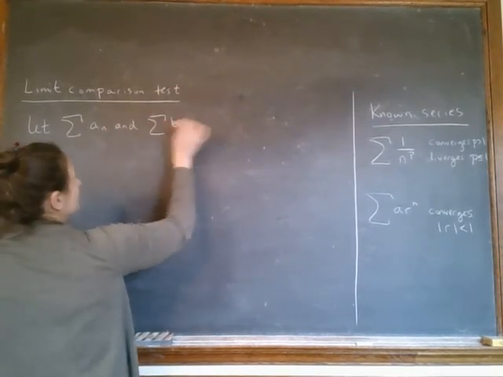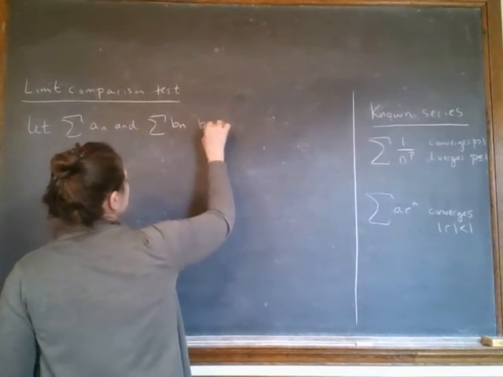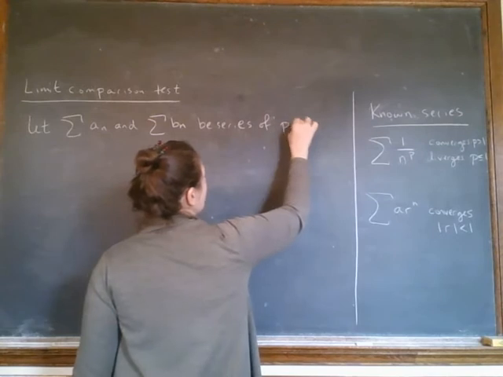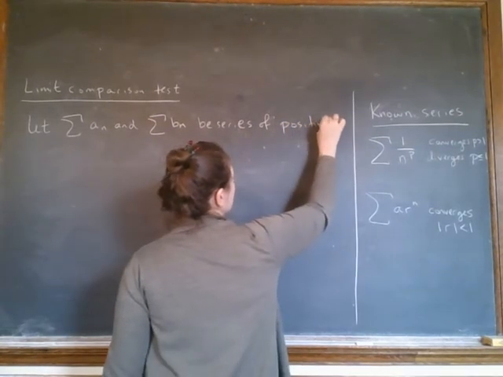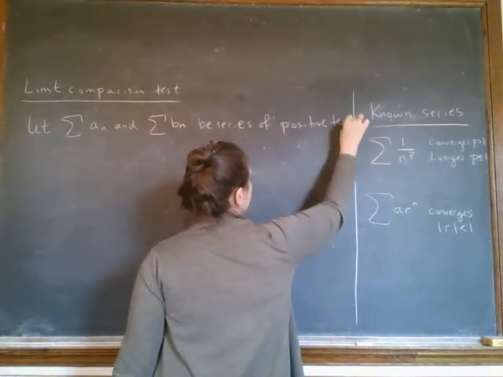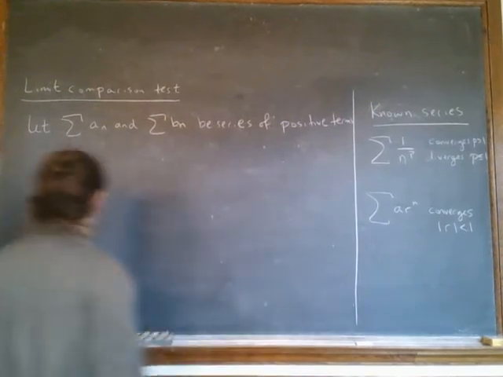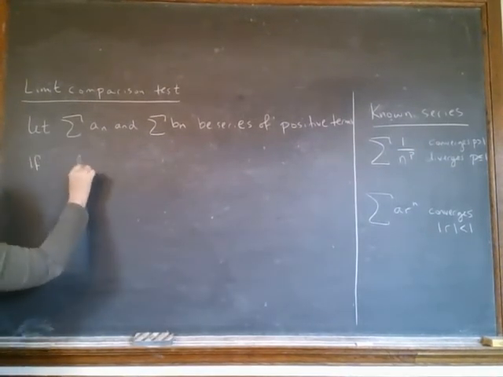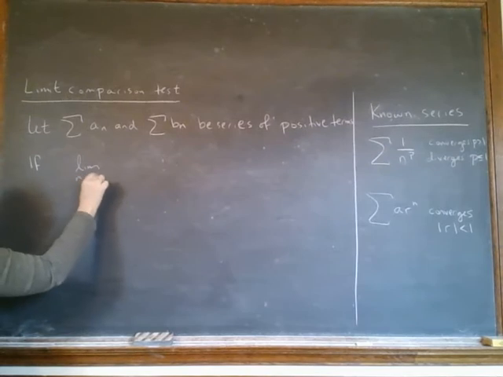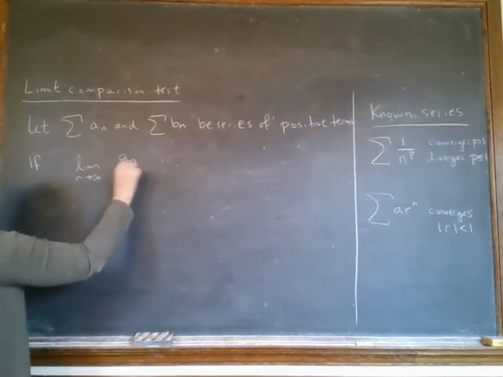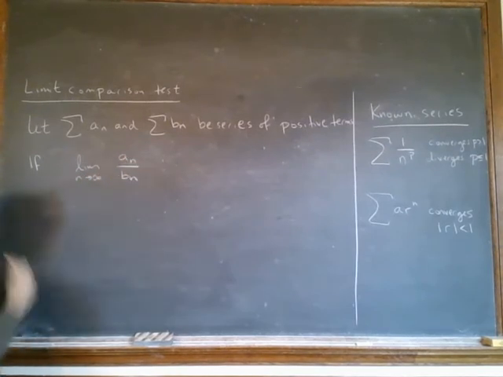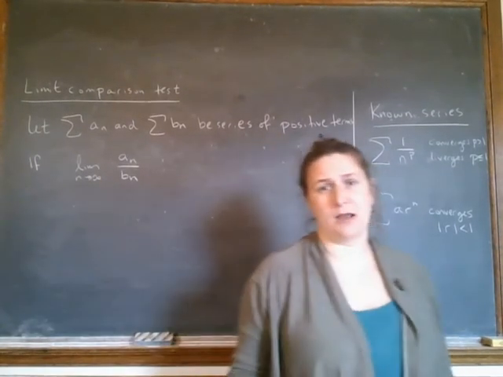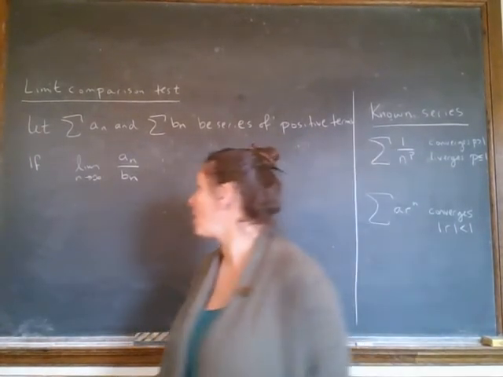Again, these are series with positive terms. And what I'm going to do is take the limit as n goes to infinity of the ratio, an over bn. And it doesn't matter which one is an or bn, just whatever they are.